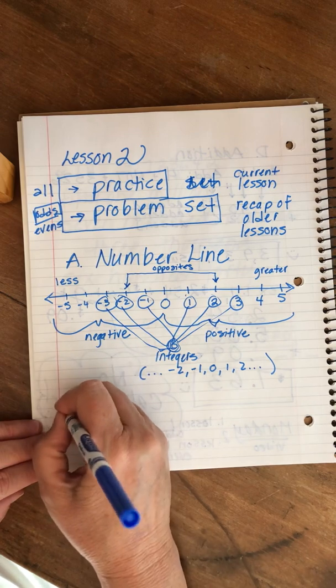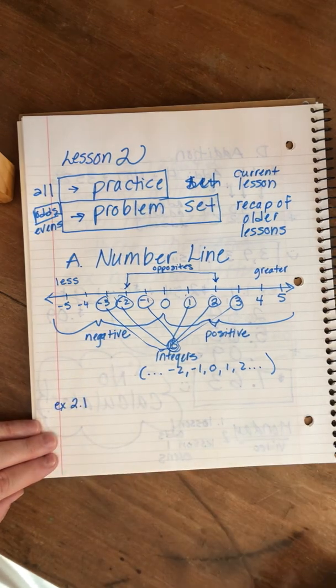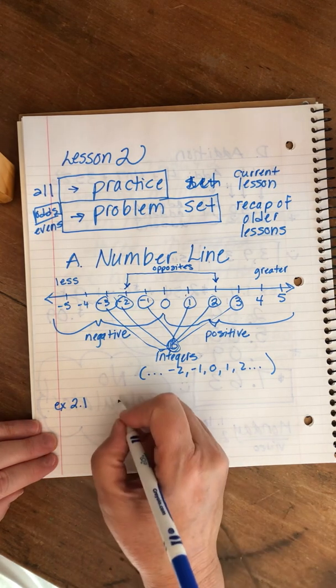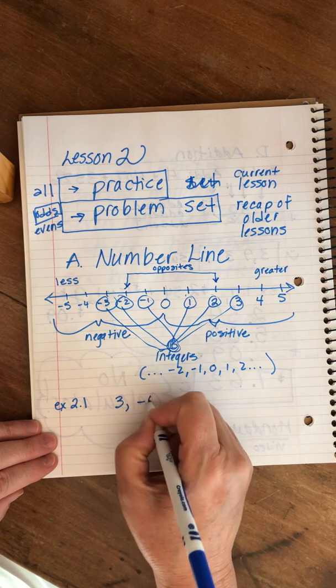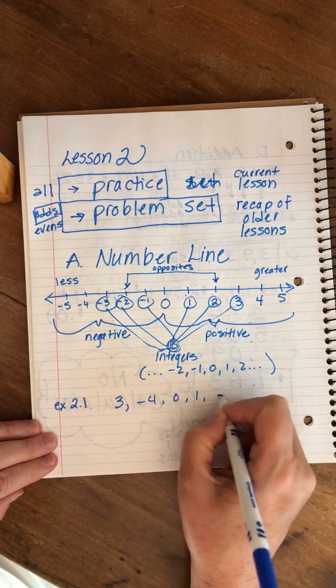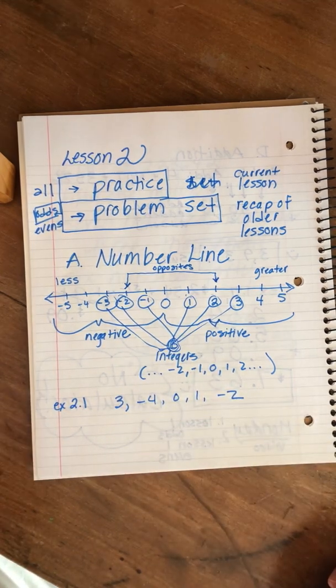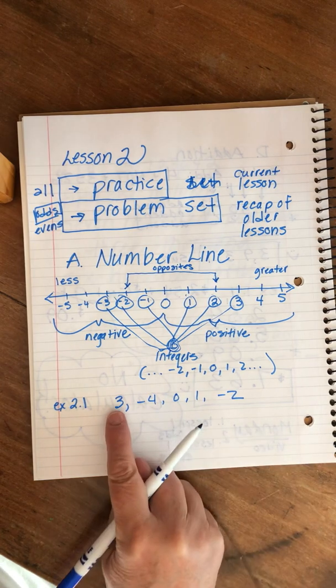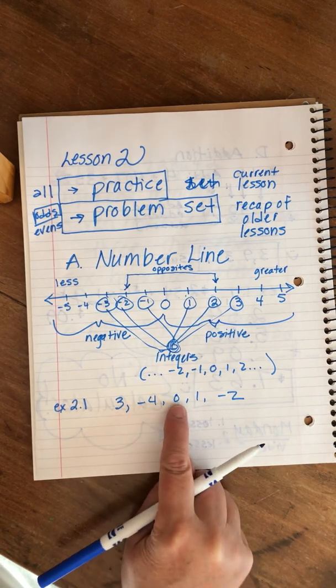All right, let's see how we're gonna use this in a problem. Use a number line to arrange these integers in order from least to greatest. So I'm just gonna copy them down in the order John's got them. John being John Saxon, the man who wrote the book, he wrote them down like this: 3, -4, 0, 1, 2.